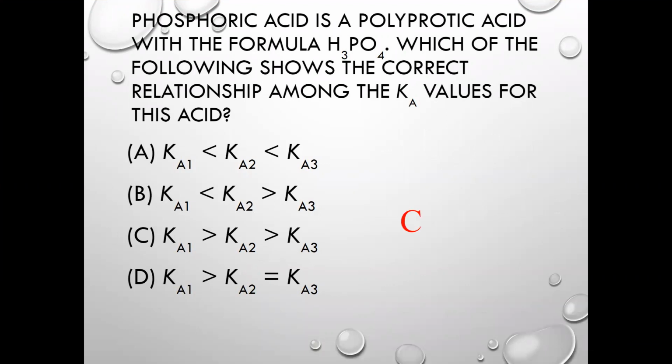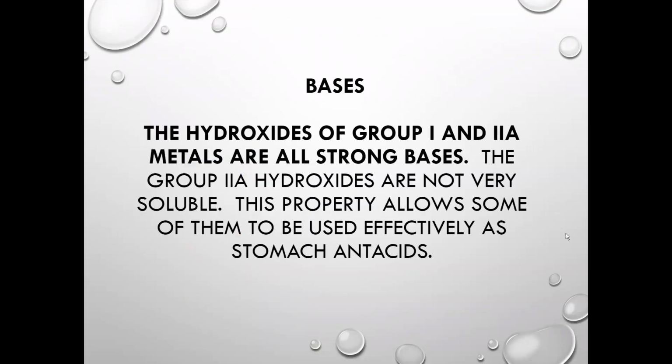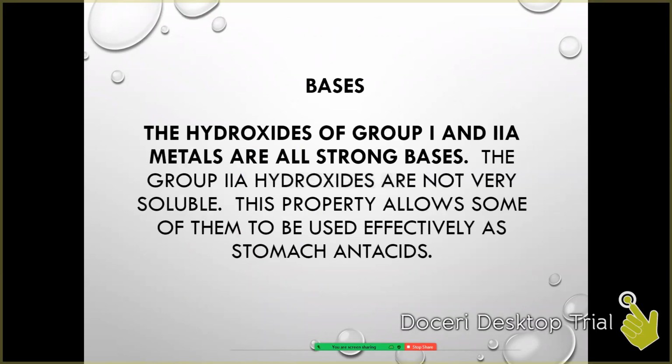All righty, let me see where we're at in these notes. We're going to talk a little bit about bases, not a whole lot. Remember, when we talk about bases, we're usually talking about a hydroxide group that is either part of it to begin with, or it ends up producing hydroxide groups when it's combined with water.